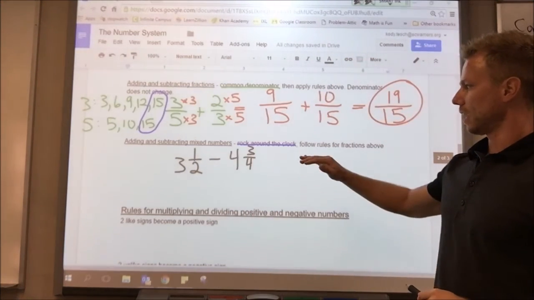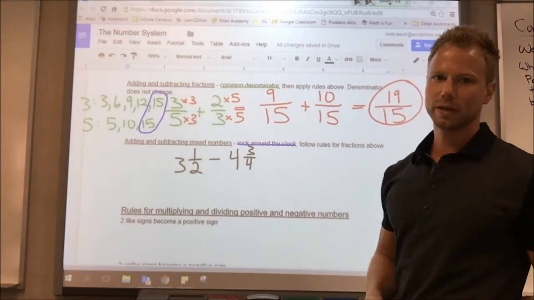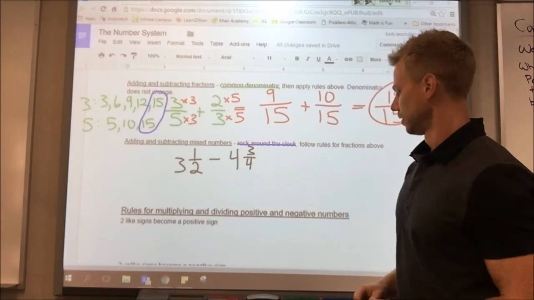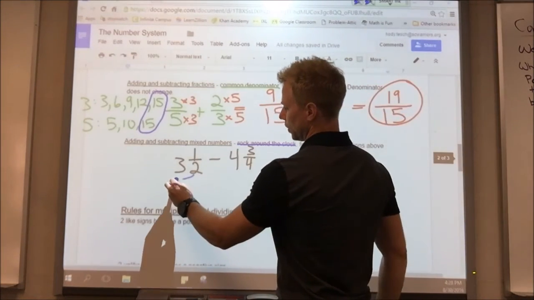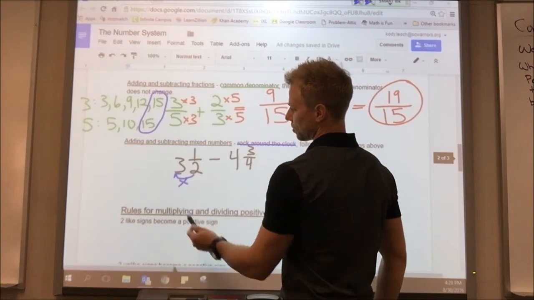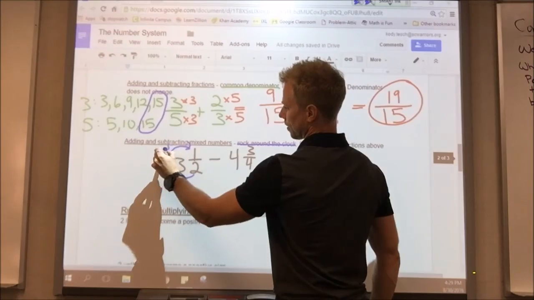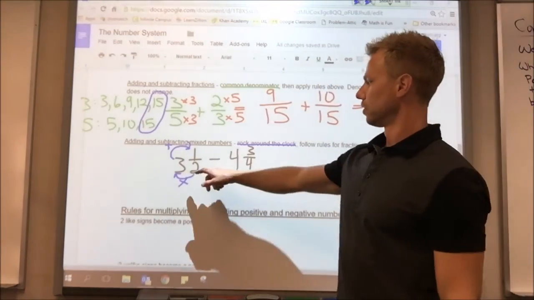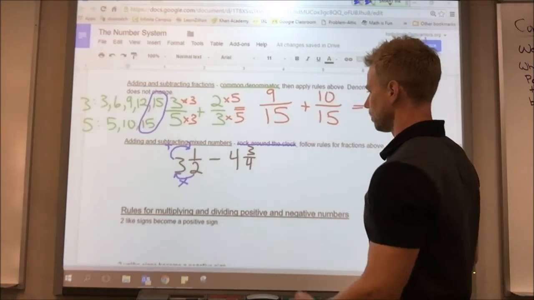So before we find a common denominator, we're going to rock around the clock to make them into improper fractions. The way we rock around the clock, we do 2 times 3, and then we're going to add 1. So 2 times 3 is 6, plus 1 is 7.